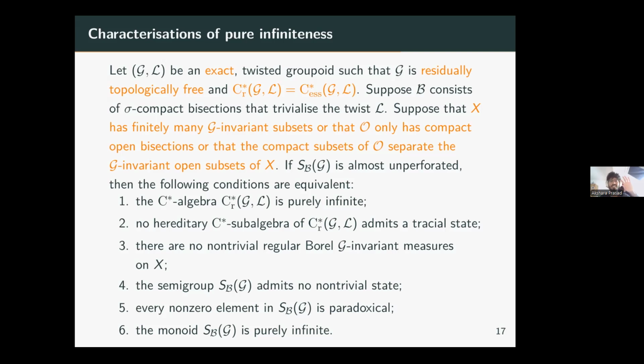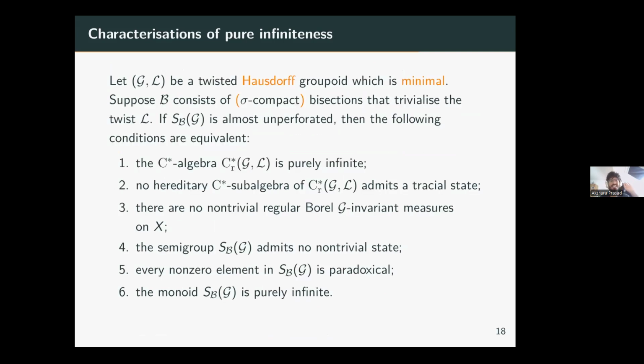So this is a general result, but if we specialize to cases that many of us work with, then, for example, if G is a twisted Hausdorff groupoid which is minimal, then all those many scalar conditions that you see go away. But it's of course a special version of the previous statement.